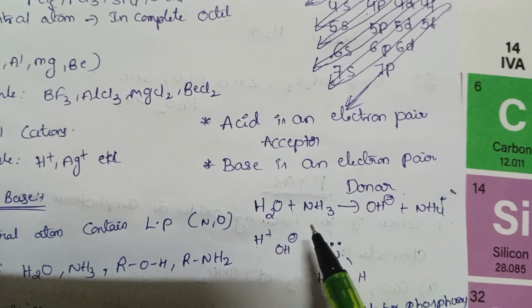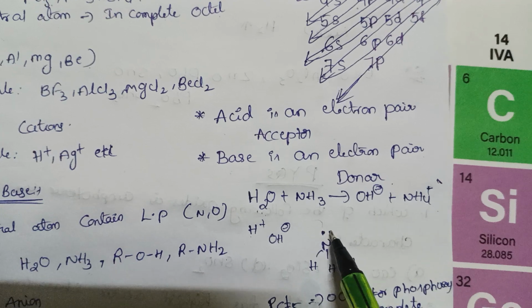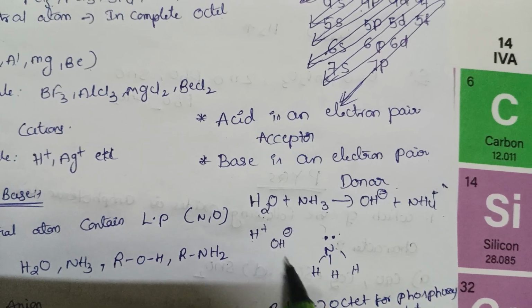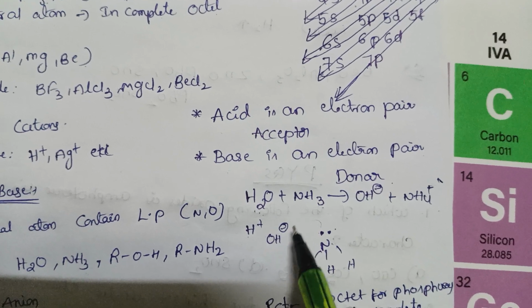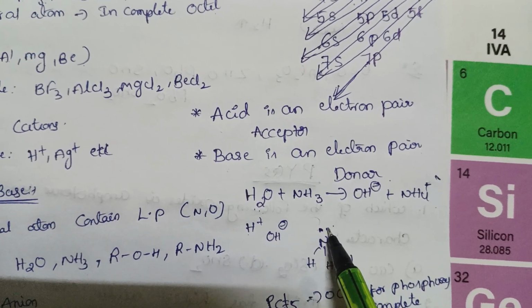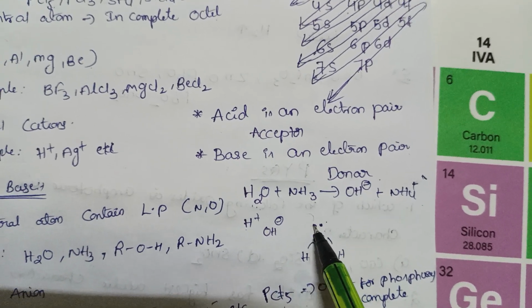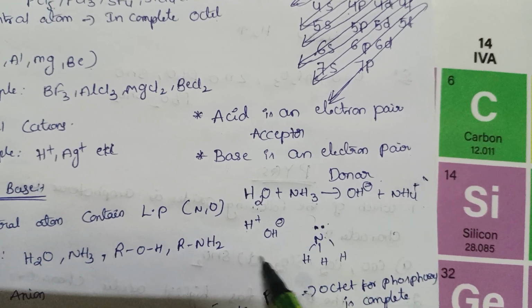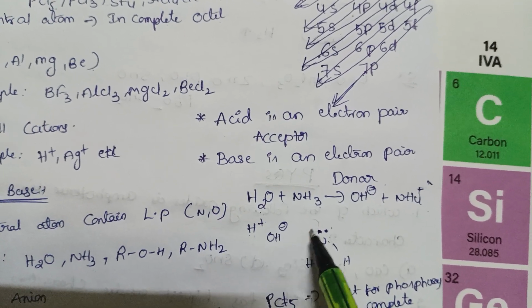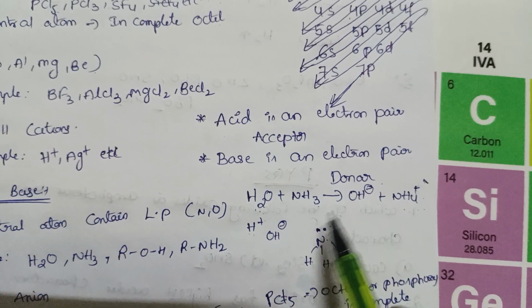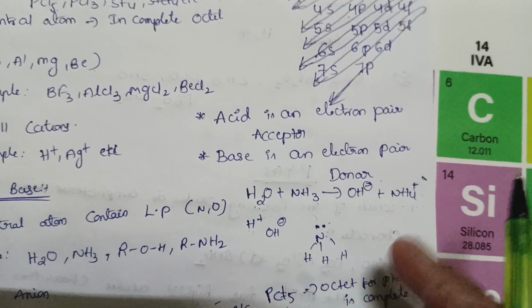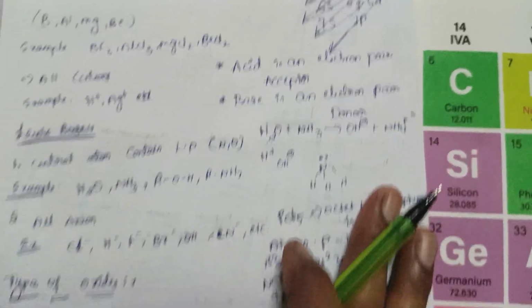Nitrogen has an electron pair and is the electron pair donor, and H plus is the electron pair acceptor. It forms NH4 plus. This is called the Lewis acid base concept.